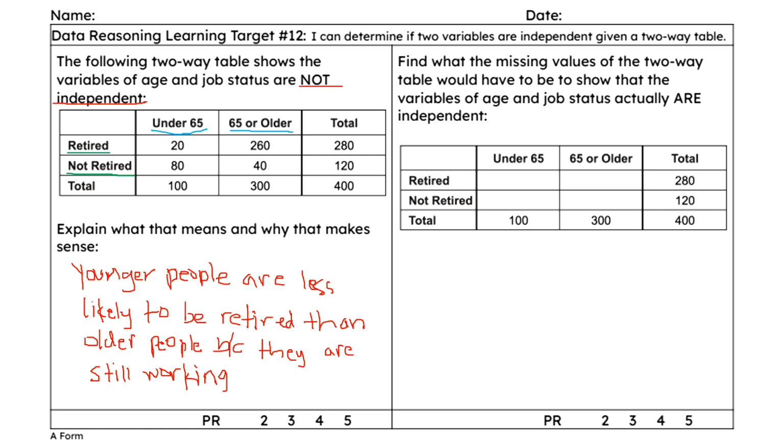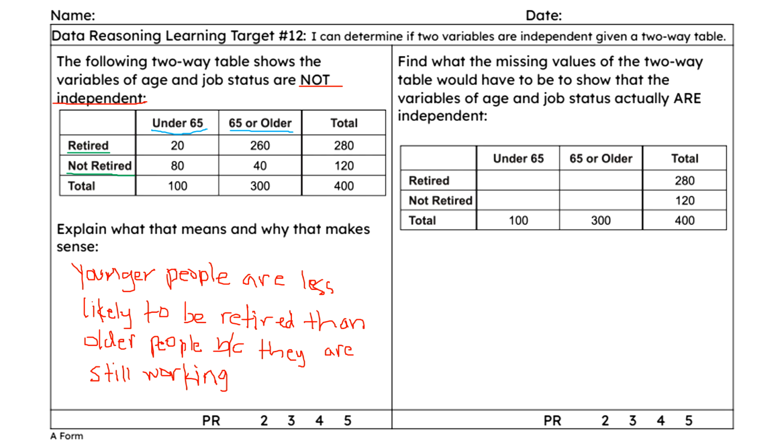And in the next problem, we would like to know, if these two variables were independent, what would the values of the table have to be? If we were to redistribute this so that it was completely proportional and there was no connection between age and job status, then what should those numbers be?